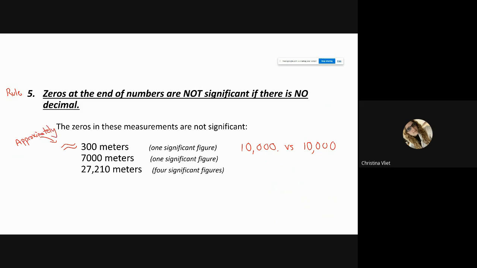We're lazier than that. We just don't put the decimal if it's approximate. So without the decimal, it means that this is rounded or approximate, whereas if there is a decimal, it means that it's exact.